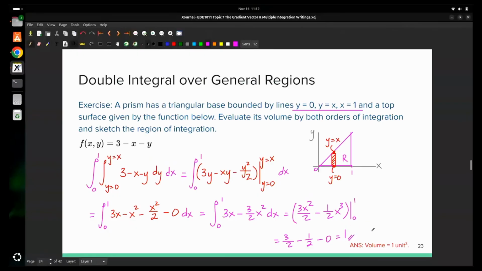Because the lower limit you must sub in also, then it's just 0 minus 0. I just put a minus 0 there for clarity.